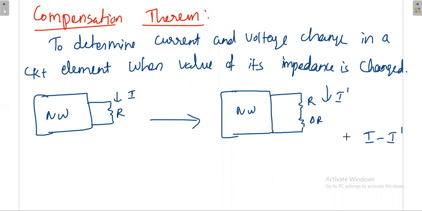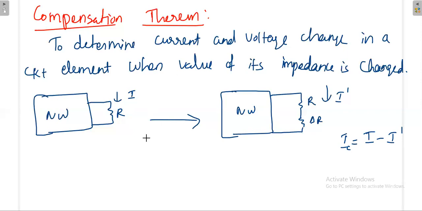This difference I am calling IC, the compensated value, because of this compensation the current is getting reduced. Now somebody tell me, what would be the direction of IC, upward or downward? Already some current is there, I am introducing some resistance, that's why this current is getting reduced.